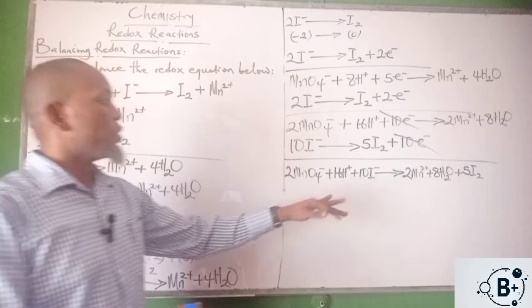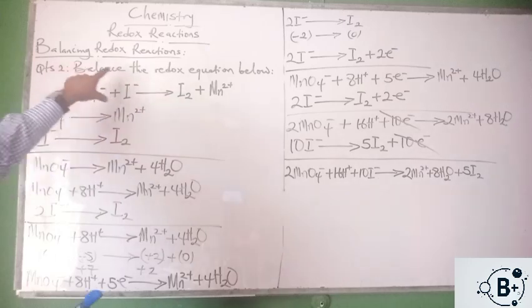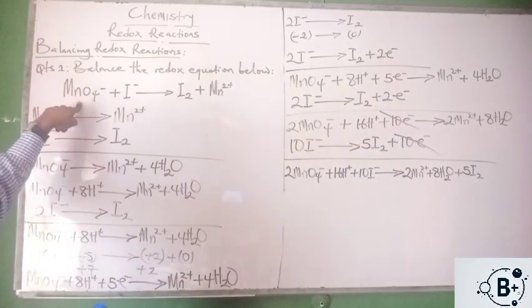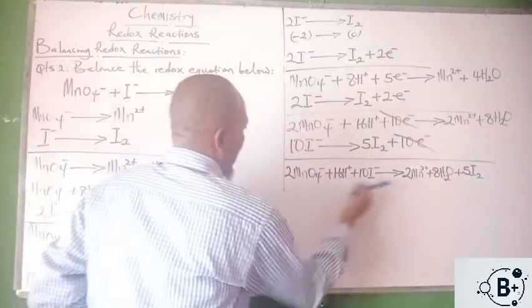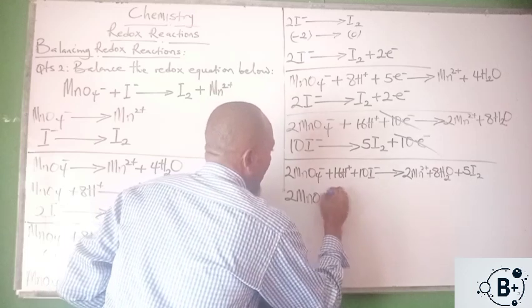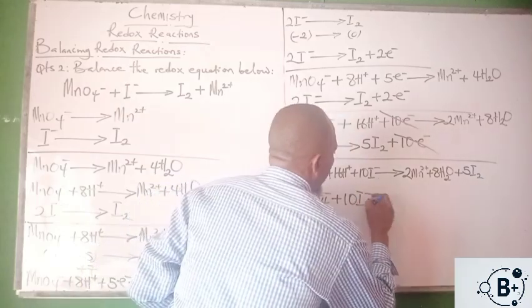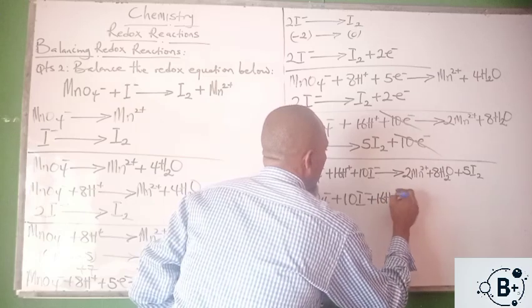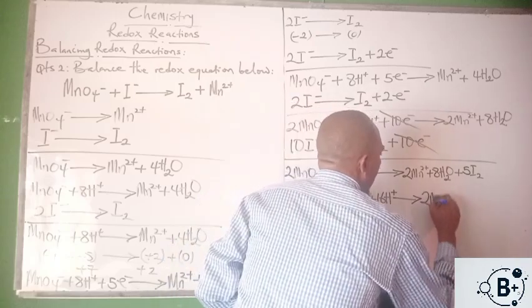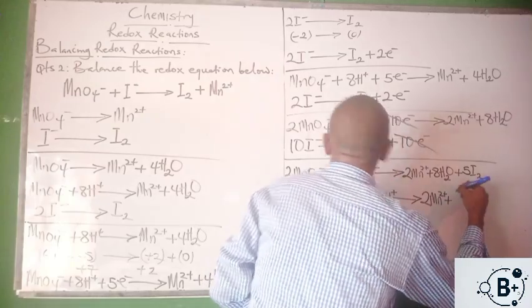So this is a balanced equation, but we now have to pattern it like this, use it as a template. So this one is correct, but we pattern it this way. After the tetraoxomanganate(VII) ion is iodine. So let's arrange it in that format. So this becomes 2MnO4 minus plus 10 iodide ion, then plus 16H plus, which now gives 2Mn2 plus, this iodine follows next.